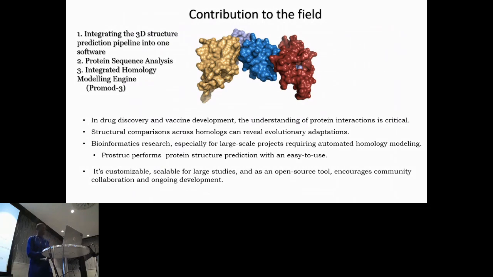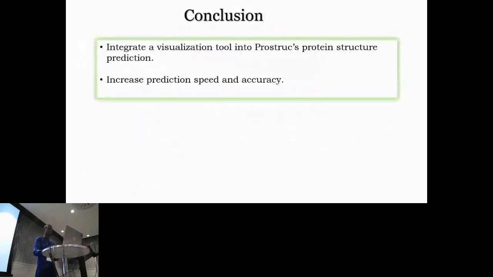Bioinformatics research, especially large-scale projects requiring automated homology modeling, is now more enabled using tools like ProStruc, which performs protein structure prediction with ease of use being our focus. So it's customizable, scalable for large studies, and open source encourages community collaboration and ongoing development. Things we are looking at doing more, this is more of a next step actually.